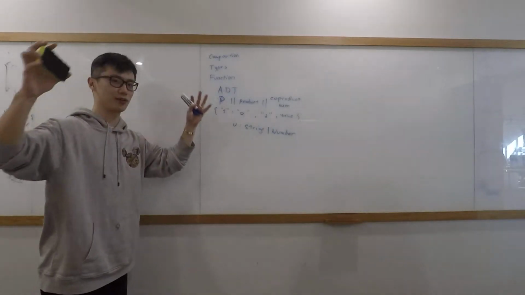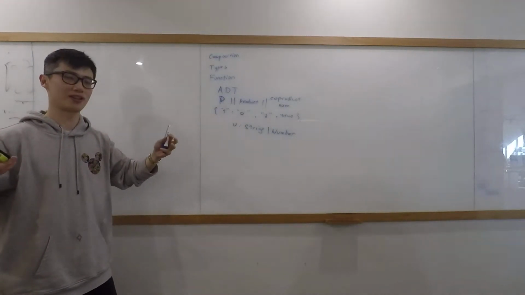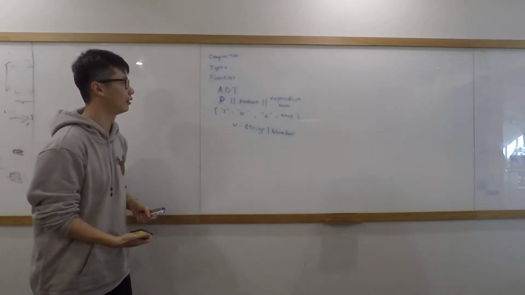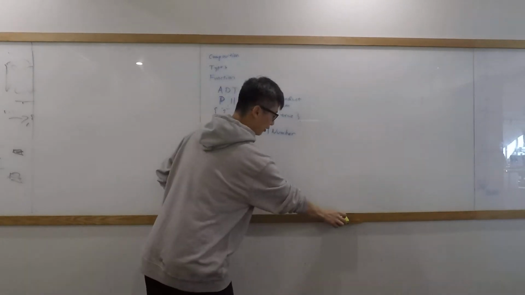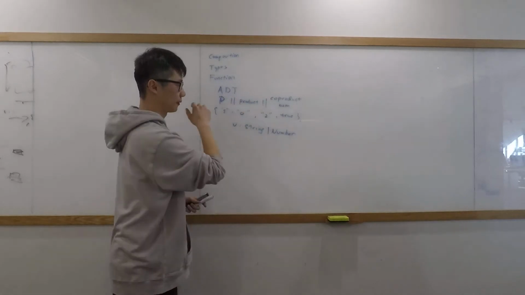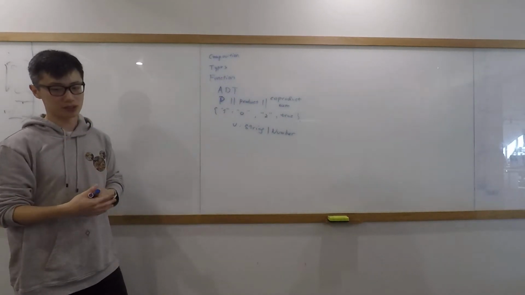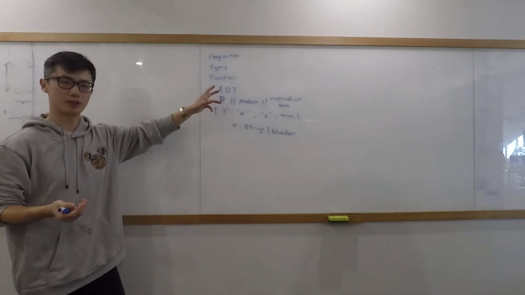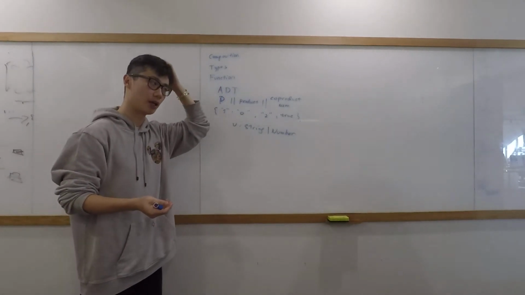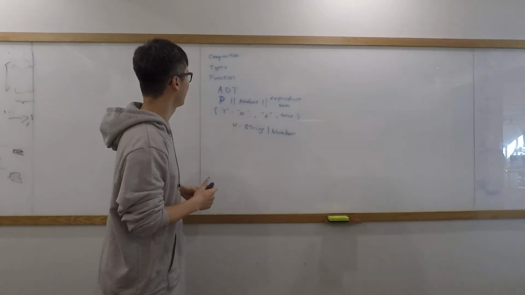It's abstract enough to express other theories. When you think about those three things, you can express anything using those three constructs: primitive, product, and sum.